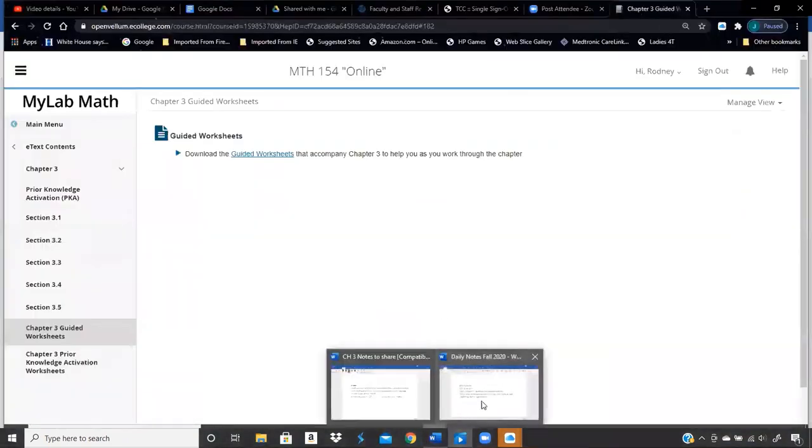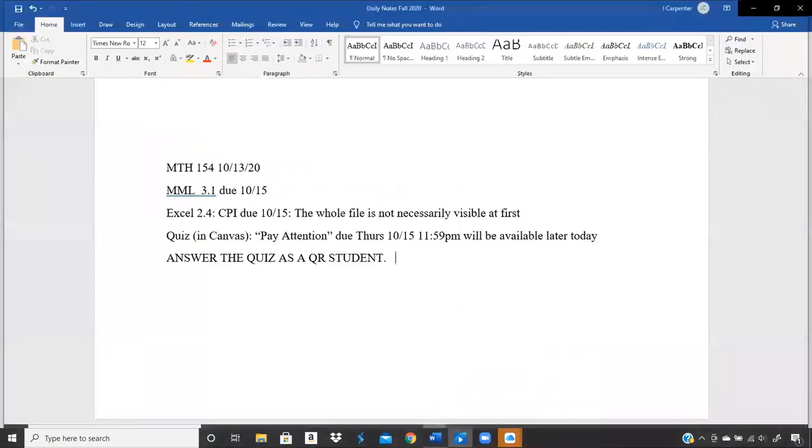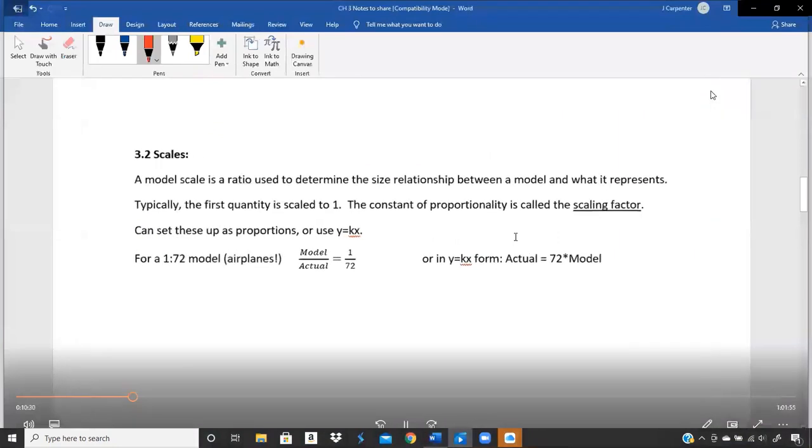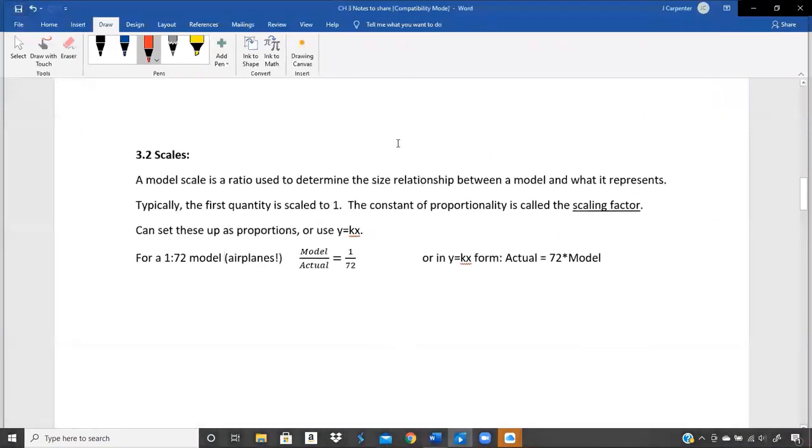All right. So scales, wrong thing. Scales. A model scale is a ratio. Oh, look, ratio. We spent all of chapter 2 dealing with ratios. Well, I would say like 85% dealing with ratios, because inverse proportions are technically not a ratio when you set them up accurately.